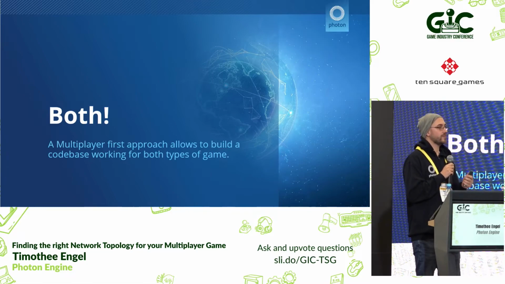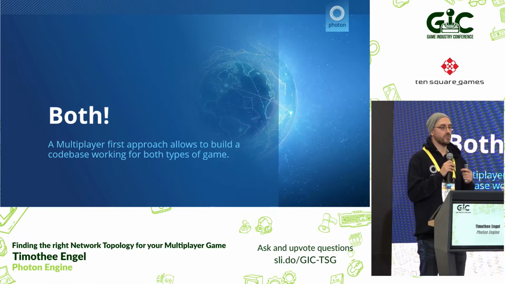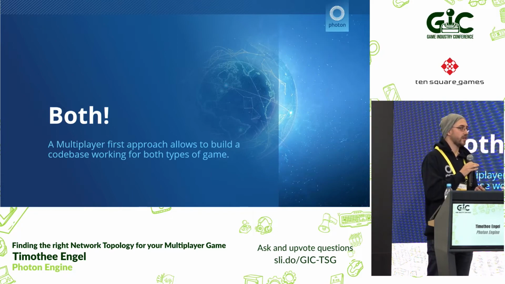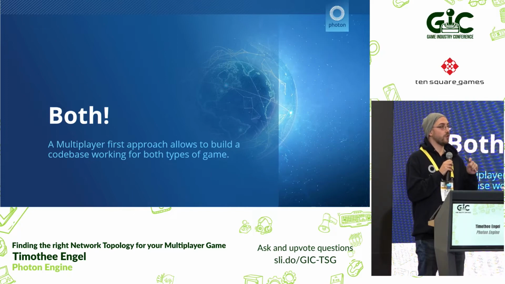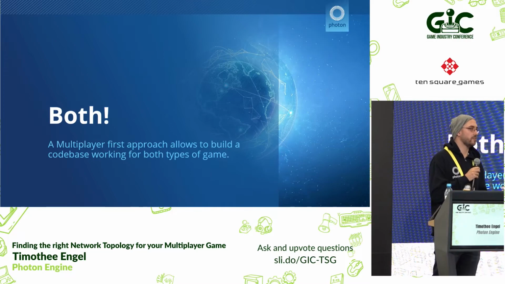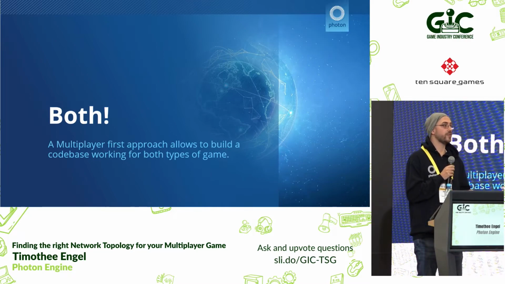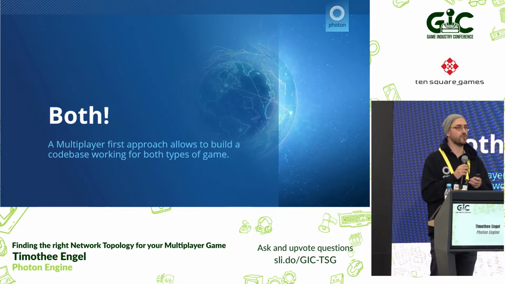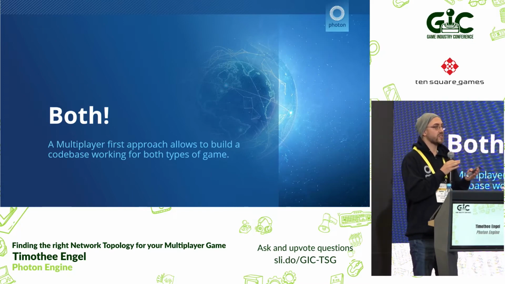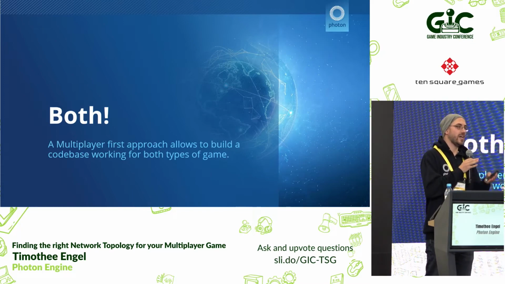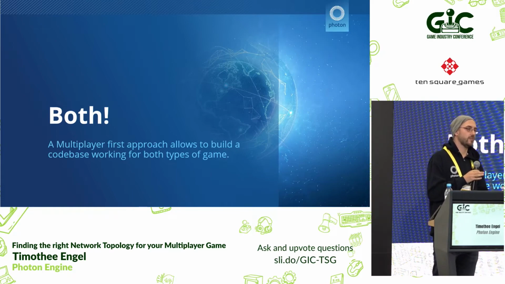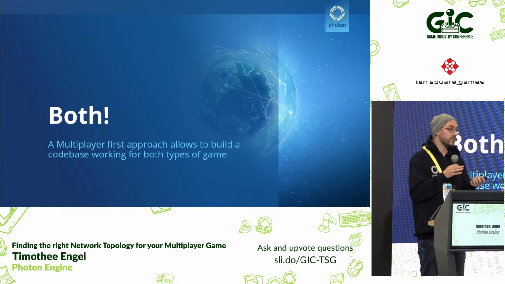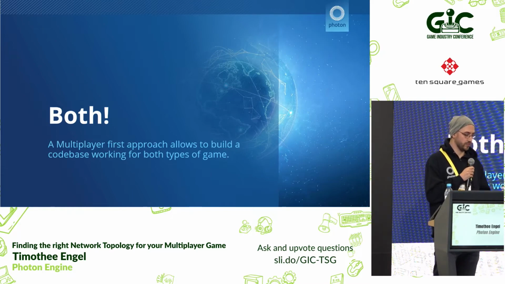This is also further enabled by the fact that most technologies nowadays allow you to have one code base for both. And therefore, you can basically develop your game with multiplayer in mind, and once it launches, decide whether or not you actually want to have the online pipe run. Because a single player game is conceptually a multiplayer game of one person. However, a single player game cannot have multiple people, because otherwise, well, it wouldn't be a single player game anymore.